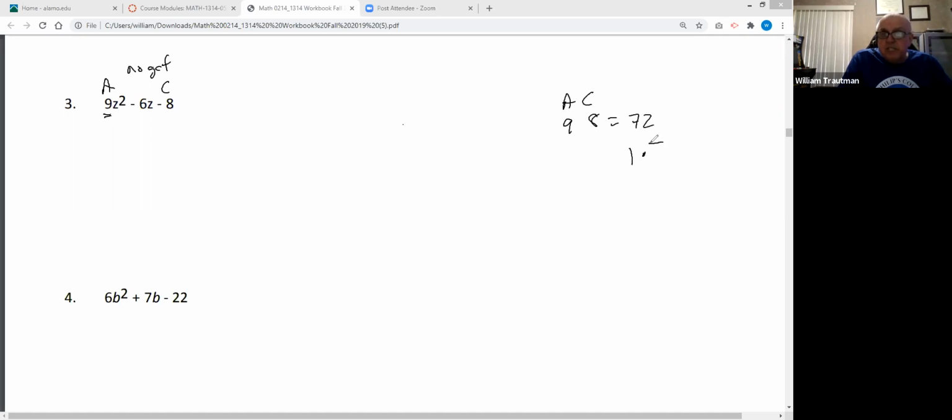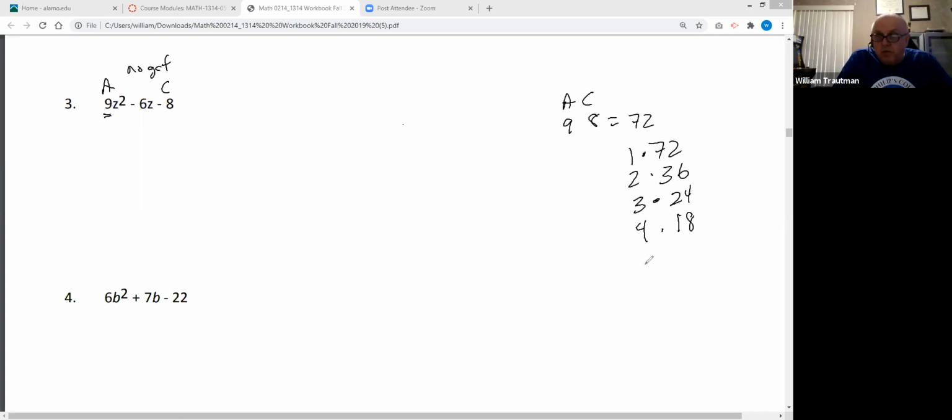So 1 times 72, then 72 divided by 2 on my calculator, 2 times 36. 72 divided by 3 is 24. 72 divided by 4, I think it divides by 4, right? Yes, it does. 72 divided by 4 is 18.